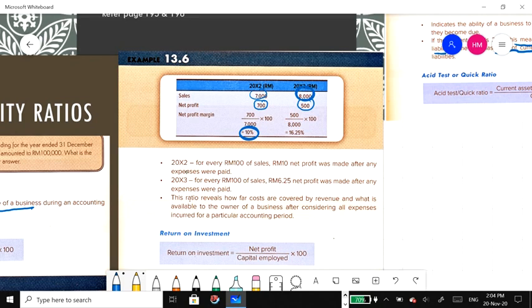Net profit kan sebab kita dah tolak gross profit dengan expenses, and then kita akan dapat net profit. Sebab itulah dia punya indication selepas expenses dah dibayar, so inilah net profit yang you akan dapat untuk setiap RM100 of your sales.